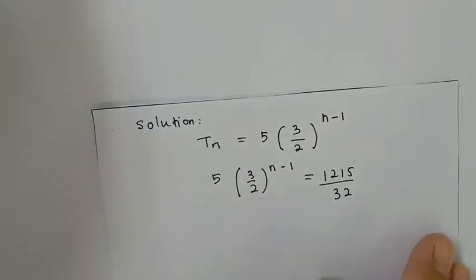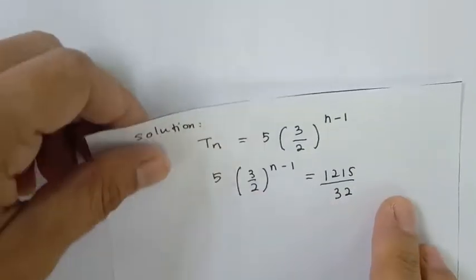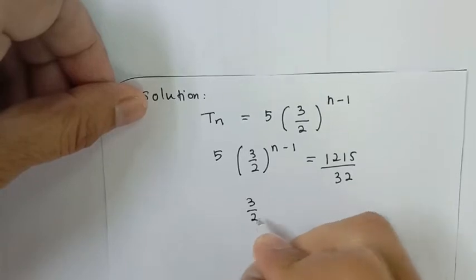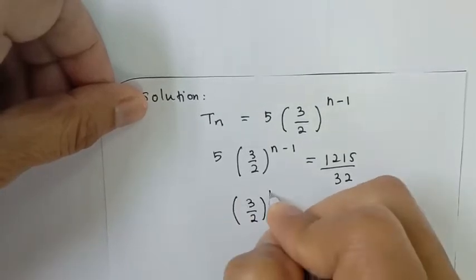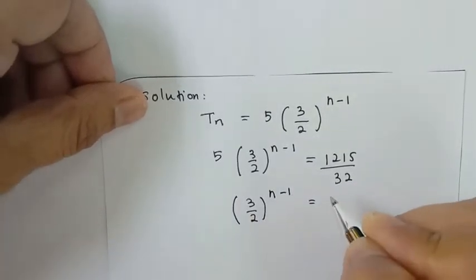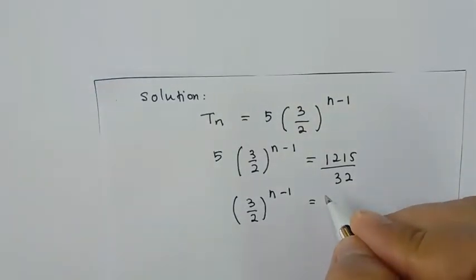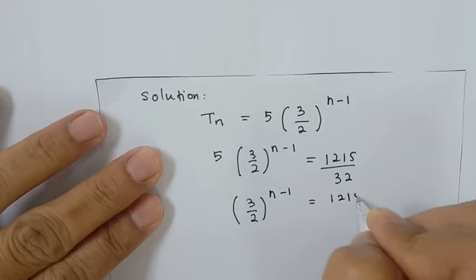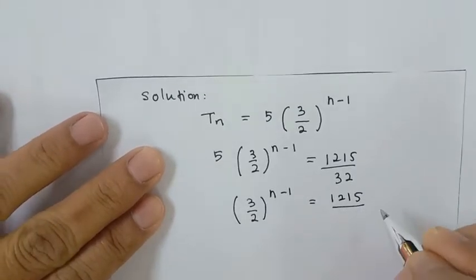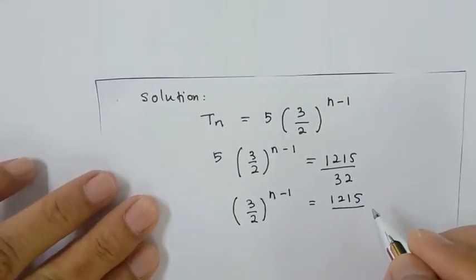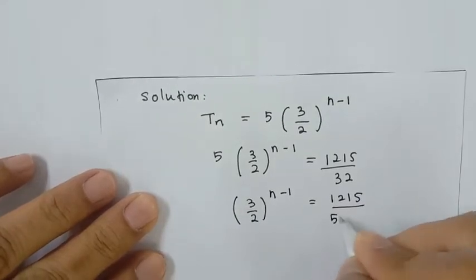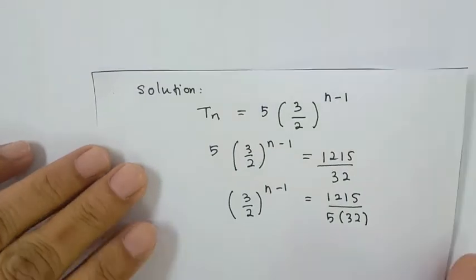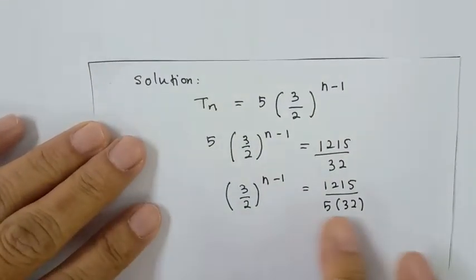Next, bring 5 to the right. 3 over 2 to the power of n minus 1 equals 1215 over 5 times 32. Okay, simplify.